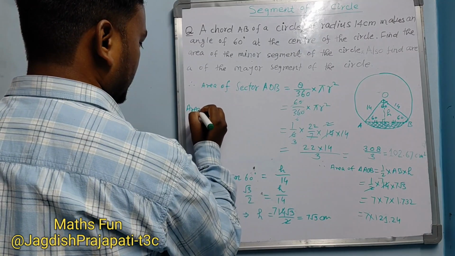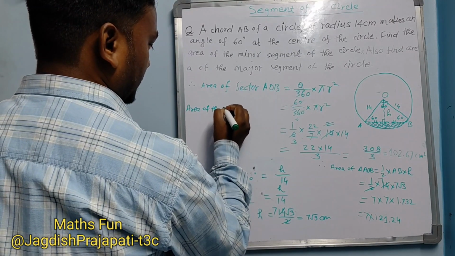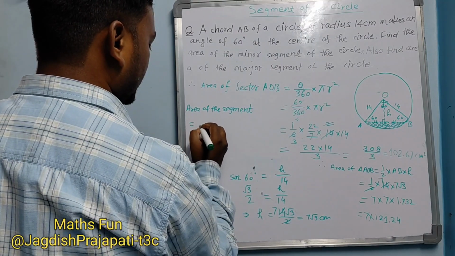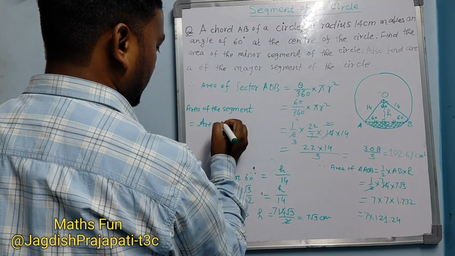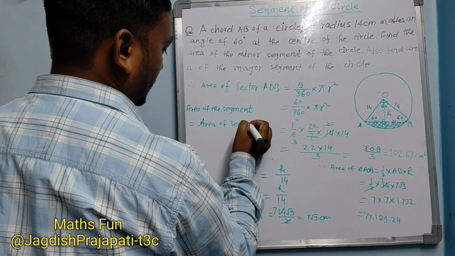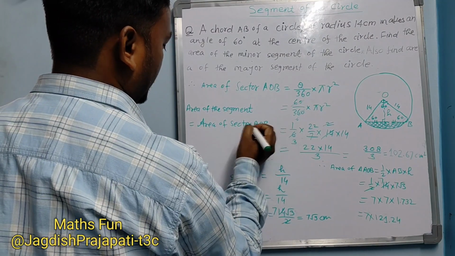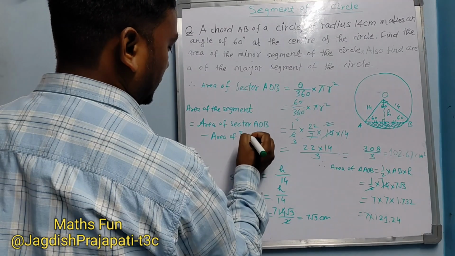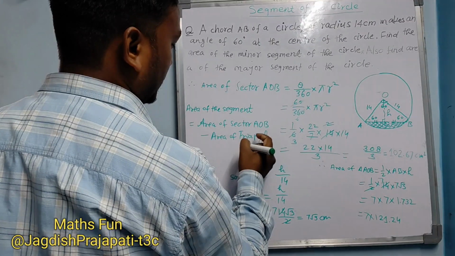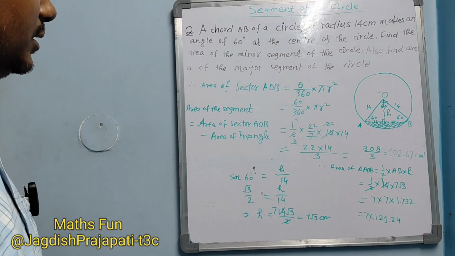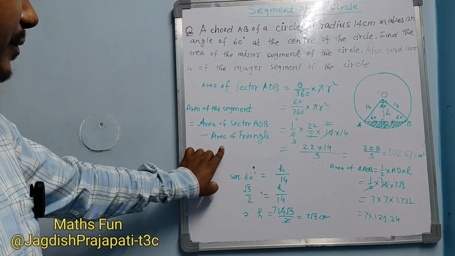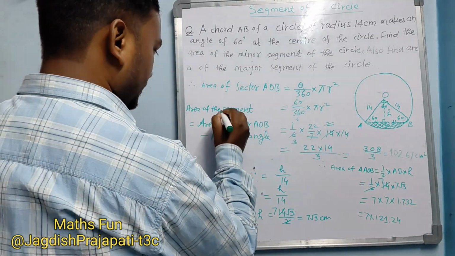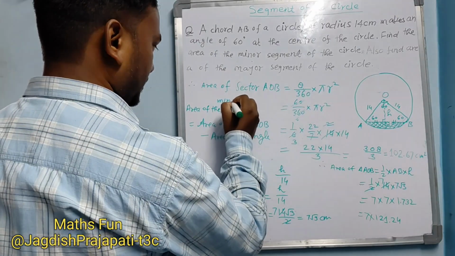And then finally the area of the segment will be area of sector AOB minus area of triangle. So using this relation, you can find out the area of the minor segment. This is for the minor segment.